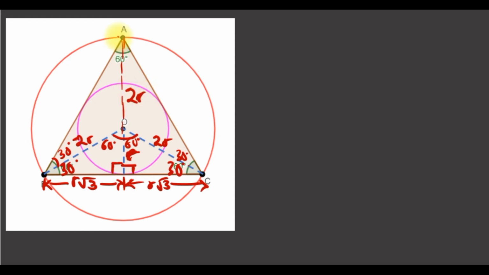So you see that the height of this equilateral triangle is 3R. That's 3 times the radius of the incircle. So the first thing is that the height of the triangle is 3R, where R is the inradius.